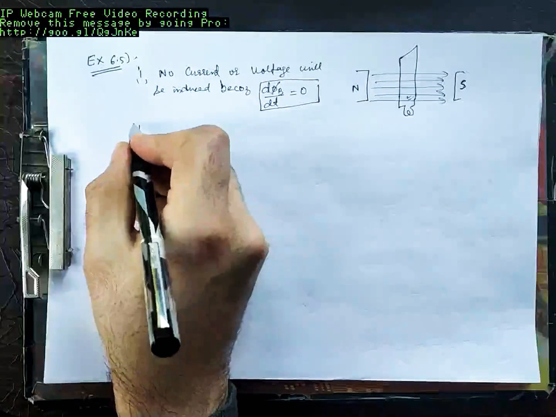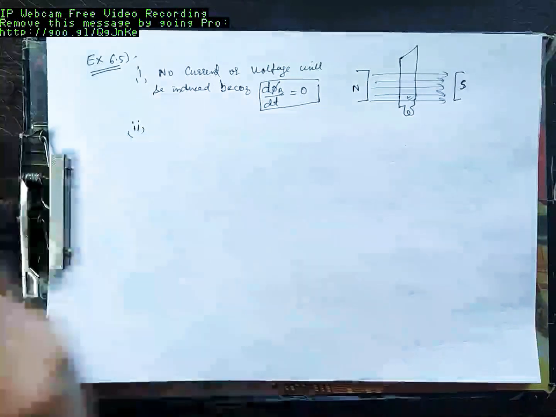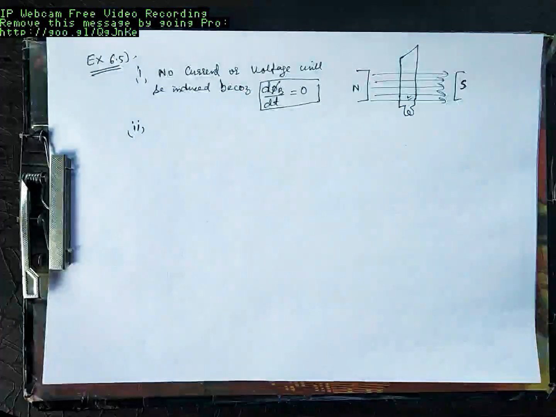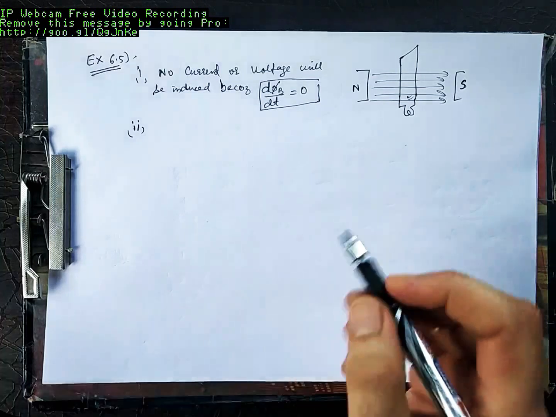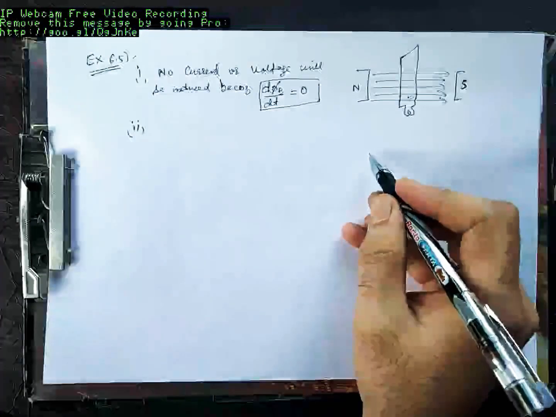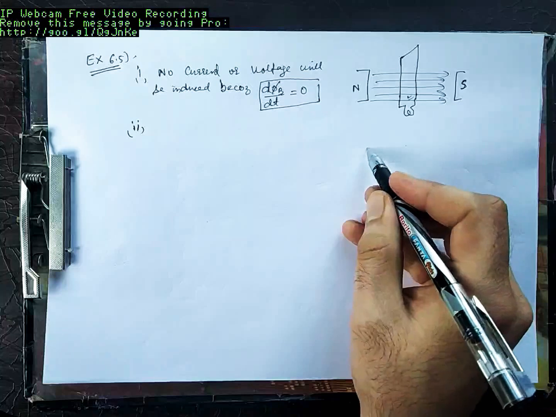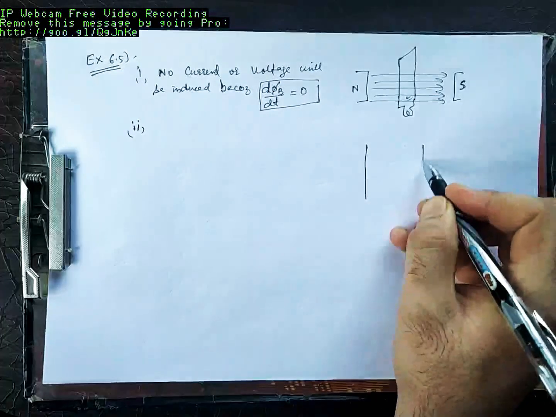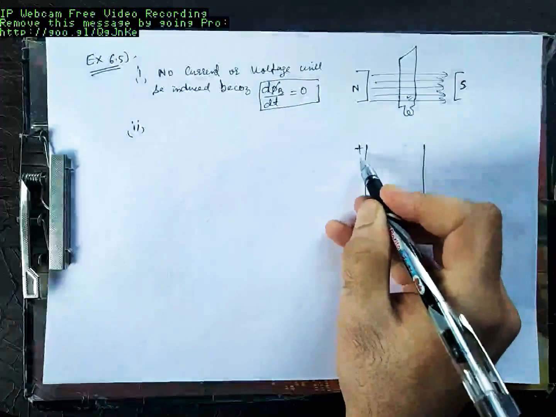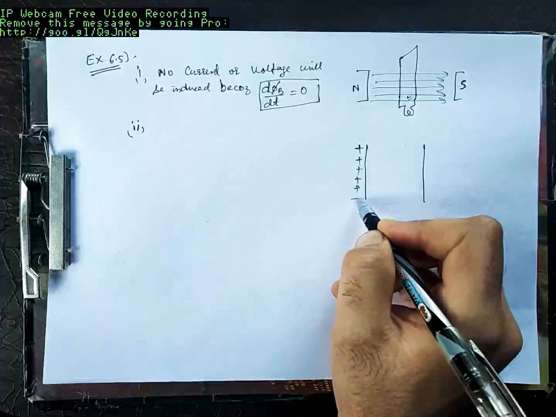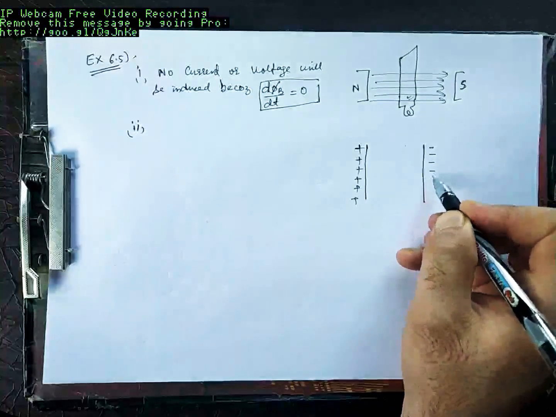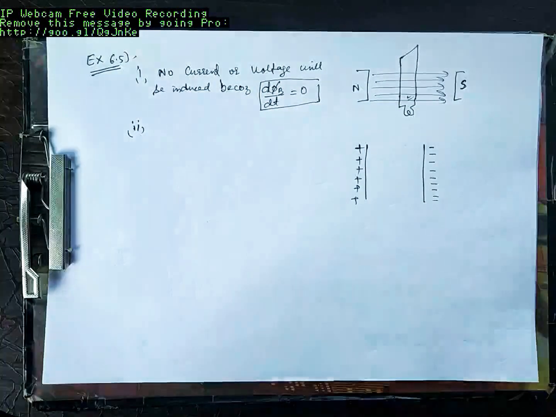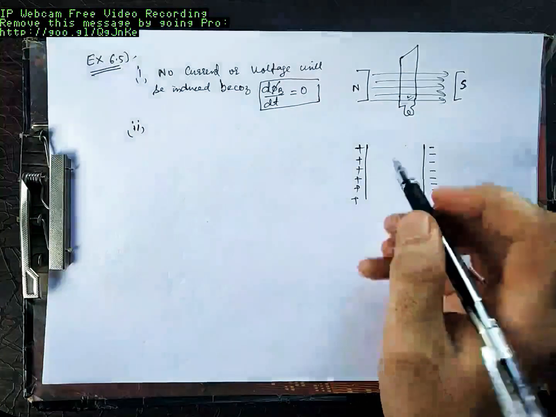Second part. It's given that we have a capacitor. One side positive, one side negative. And we have a loop.